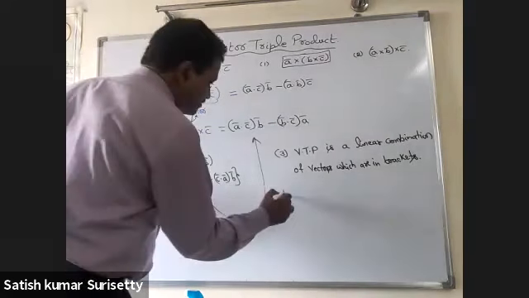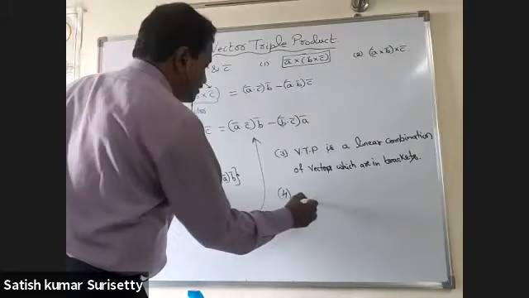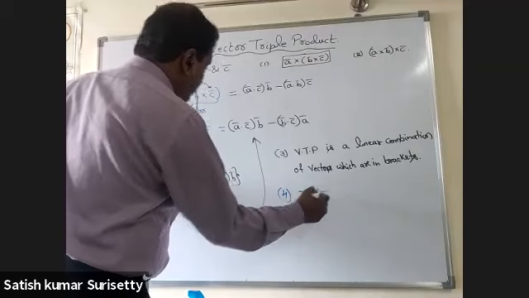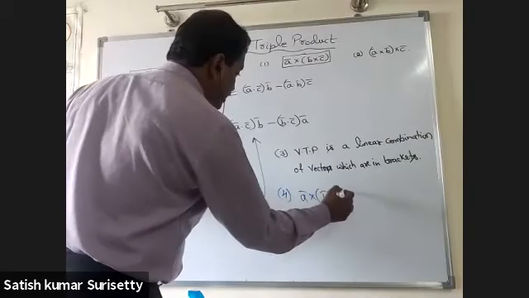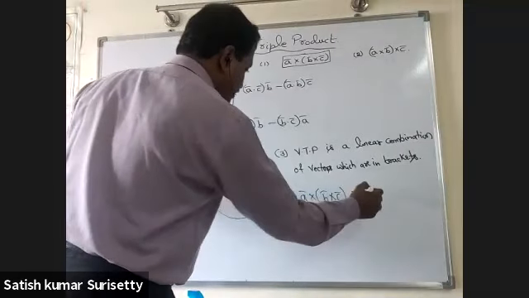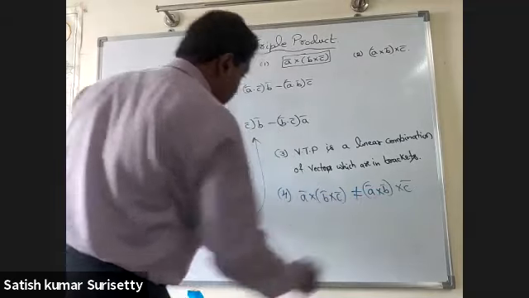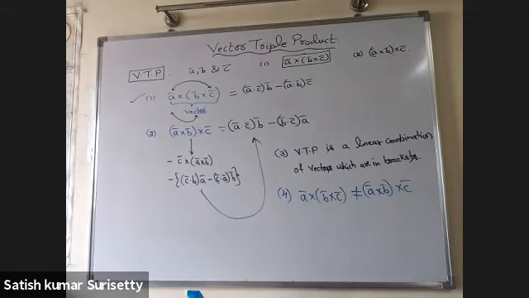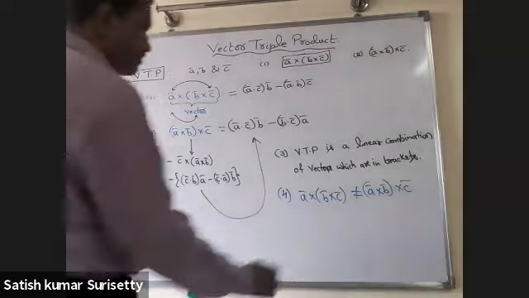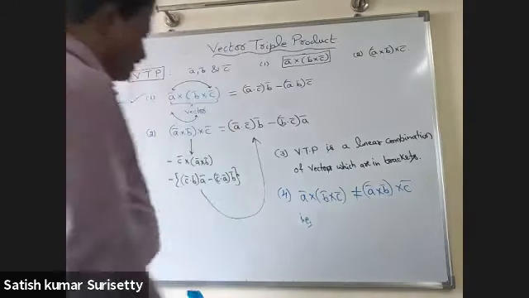Next. Are they equal? No. A bar cross B bar cross C bar is not equal to A bar cross B bar cross C bar. What is the meaning of this property?